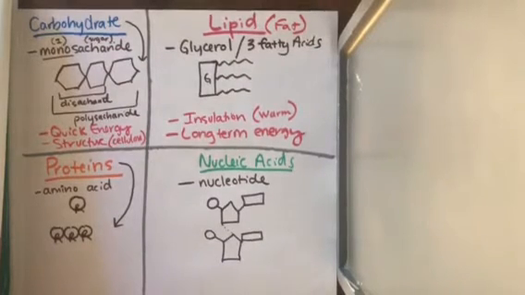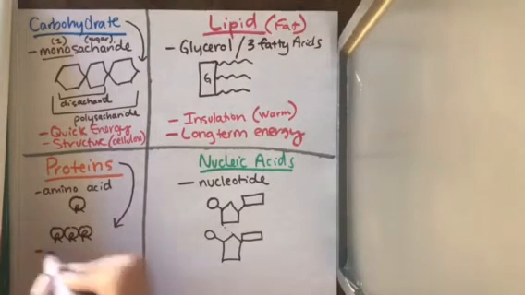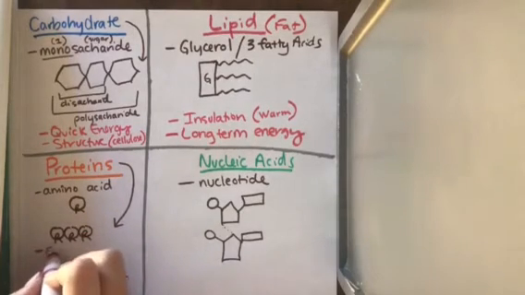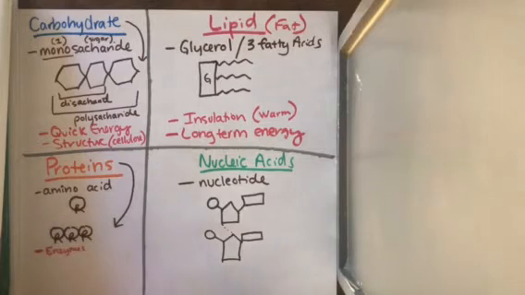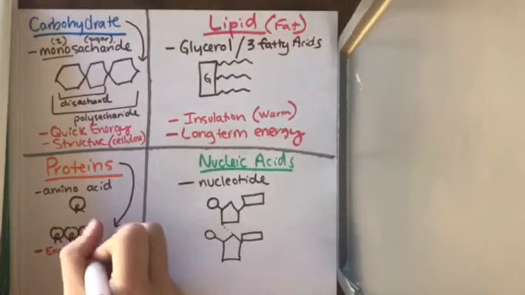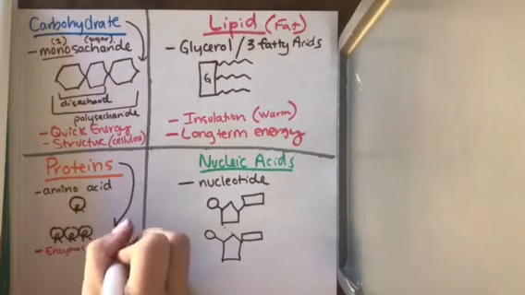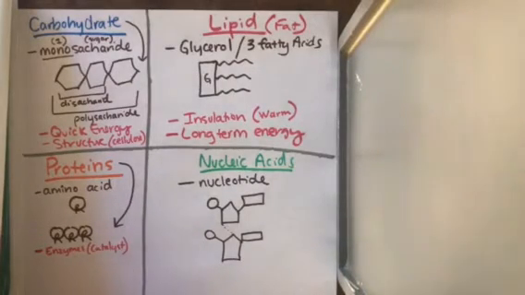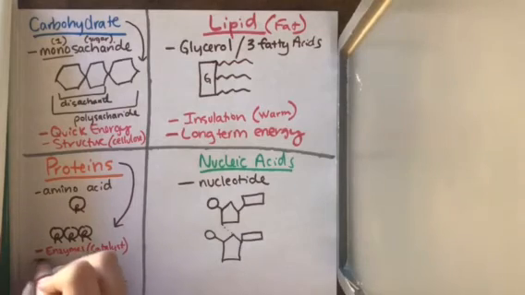All right, proteins. Proteins have so many functions. So an example of proteins are enzymes. And enzymes are catalysts. I'll do another whole section on catalysts, but they speed up chemical reactions.